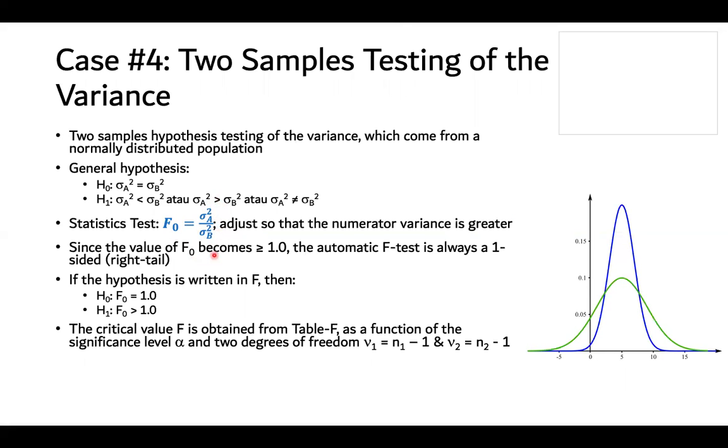So the F value is always more than 1, and in the hypothesis written in F, usually H null is F equal to 1, and H1 is F more than 1.0. Similar to the t-test, for the F table we have the degrees of freedom n minus 1, and it is a function of the significance level alpha. So when you open your F table, you have to make sure that your significance level is the right number.